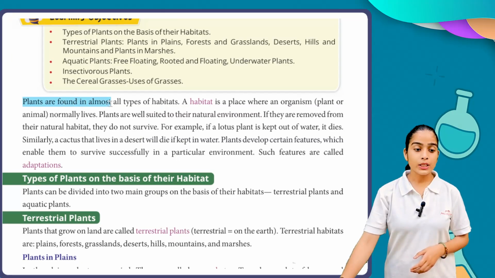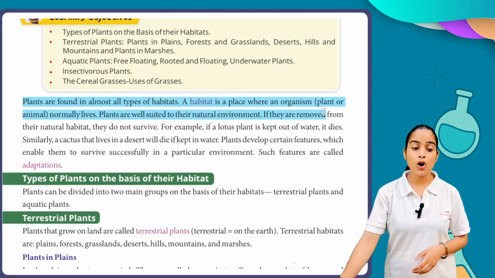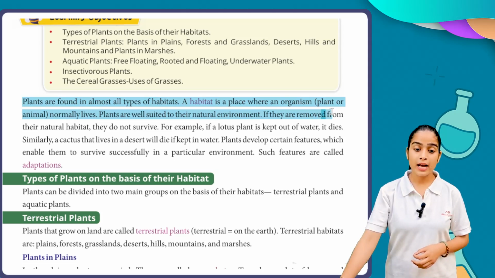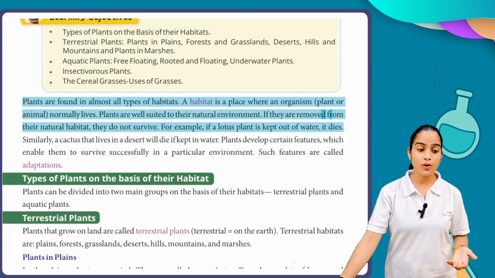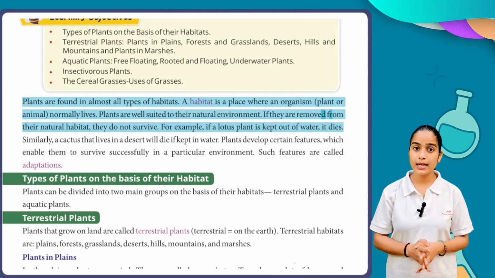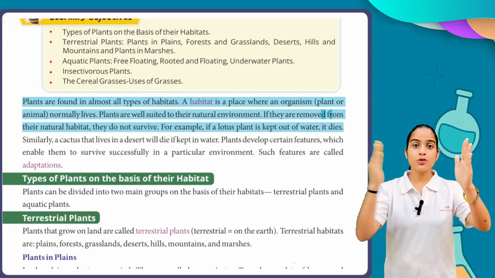Plants are found in almost all types of habitats. A habitat is a place where an organism, plant or animal, lives normally. Plants are well suited to their natural environment. If they are removed from their natural habitat, they do not survive. For example, if a lotus plant is kept out of water, it dies. So what we understand here is that habitat means your home.